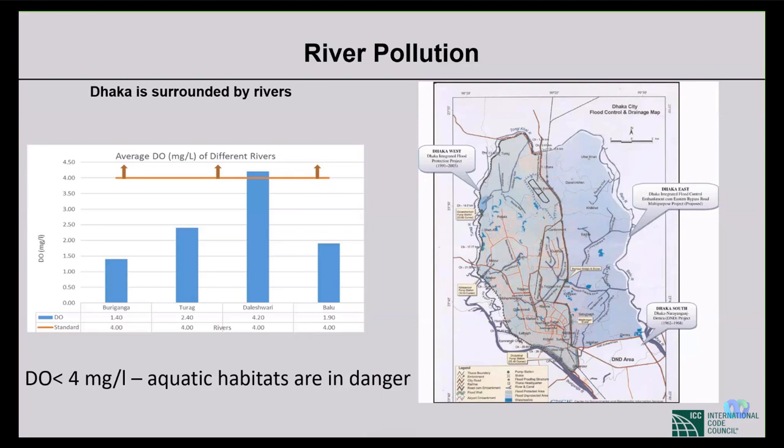But you can see in this graph, I should show five of them, but these three are much below 4, like the Buriganga. The Balu and Turag are very low. Dhaleshwari is up because it is still receiving fresh water flow from the Jamuna River. So this is important. You see why we have to take care of it.